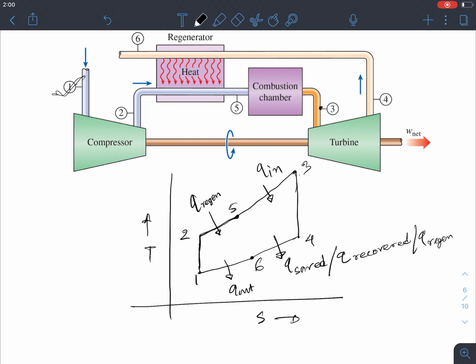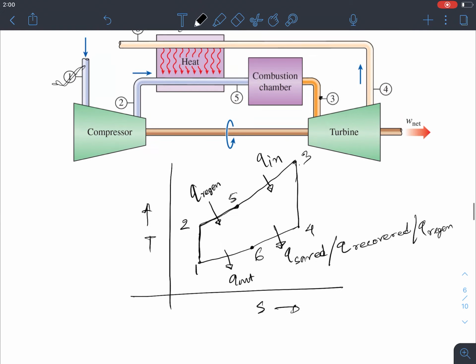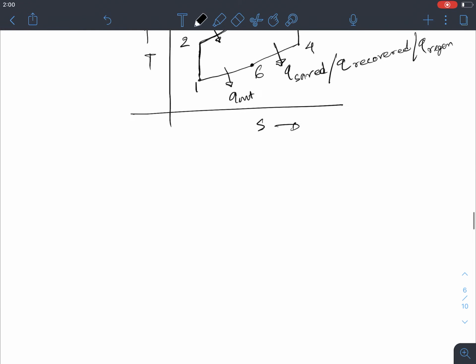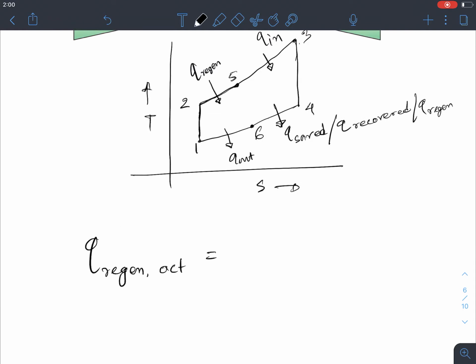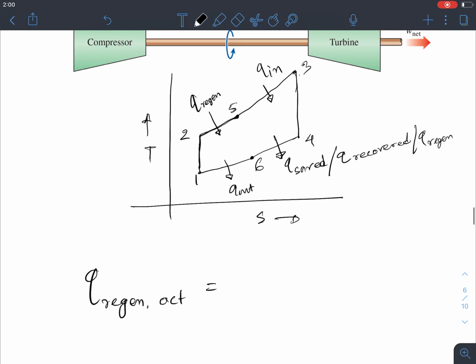So that's the TS diagram of this system, right? If we want to determine the regeneration of this cycle, we can write Q regeneration actual.